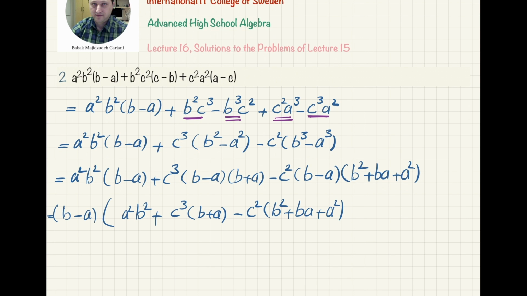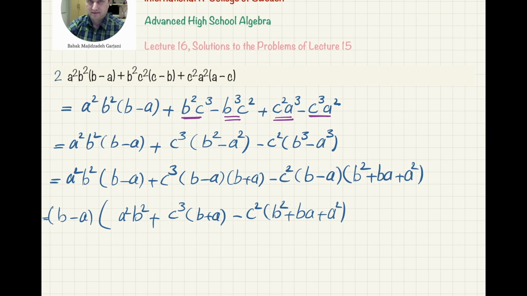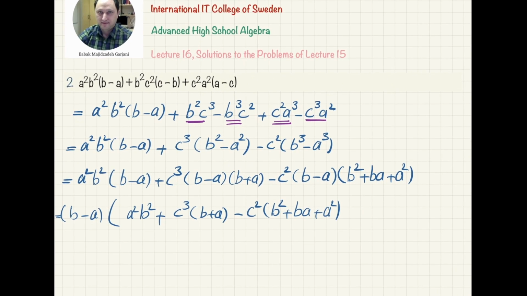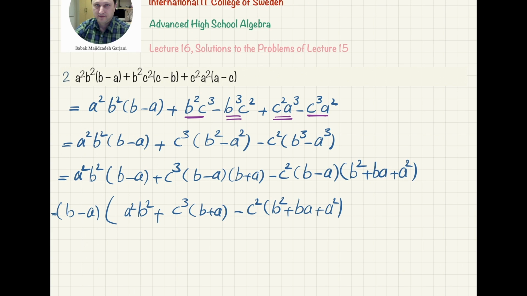Yes. And let me multiply it, because it might happen that you can factorize this a little bit more. So it becomes b minus a. I would write a squared b plus a squared a. I multiply c cubed in, so it becomes c to the 3 b plus c to the 3 a minus, I will multiply the other one as well.